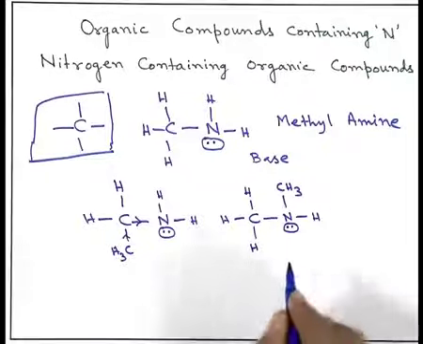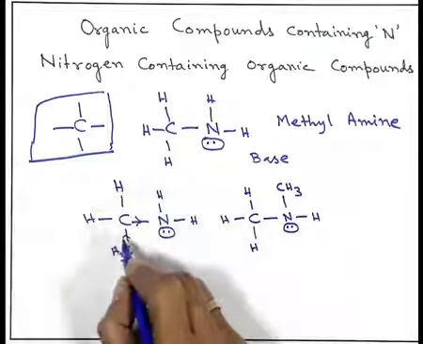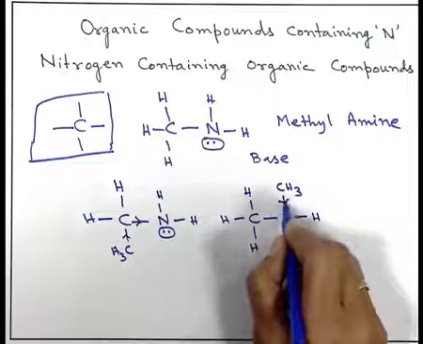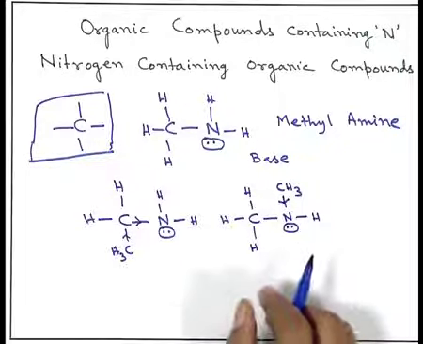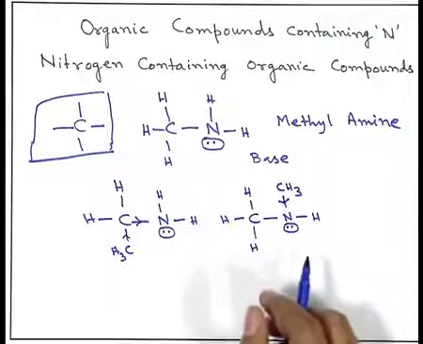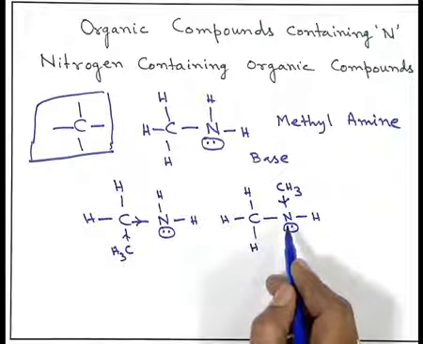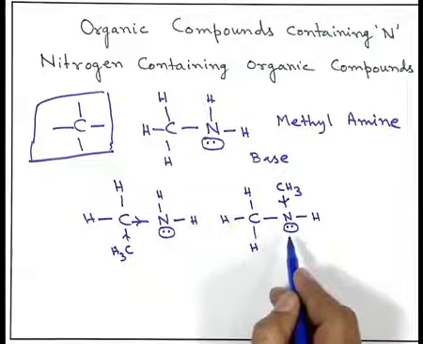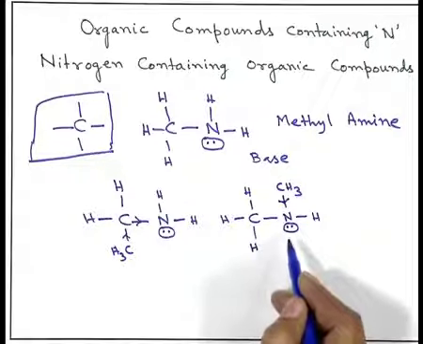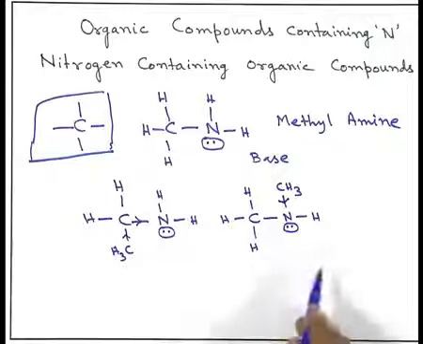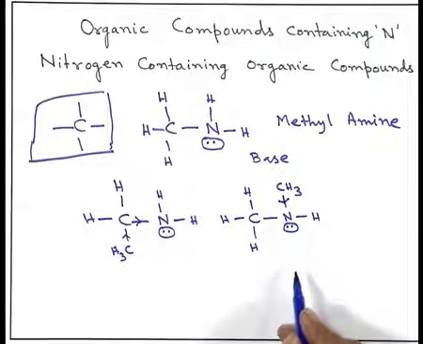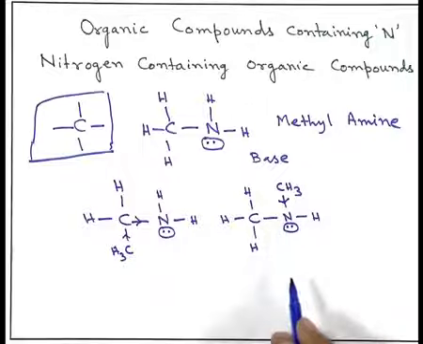If we just analyze it a little bit, the way I have done for the previous example, the methyl group is an electron donating group, because 3 hydrogen atoms attached to carbon will push electrons towards carbon. As a result, the methyl group will push the electron to the nitrogen atom. So, what will happen? This nitrogen's electron density will increase, and as per Lewis acid base theory, the capability to donate electrons will be more than the previous one. That means, compared to methylamine, N-methylamine will be more basic.